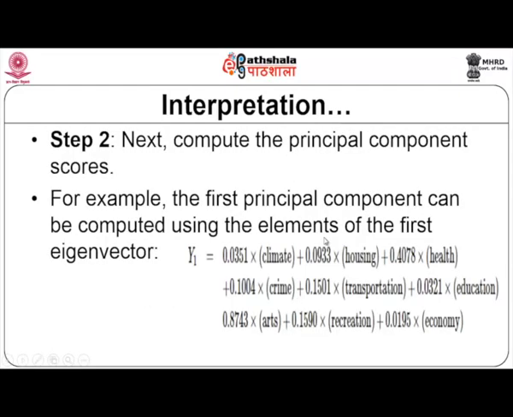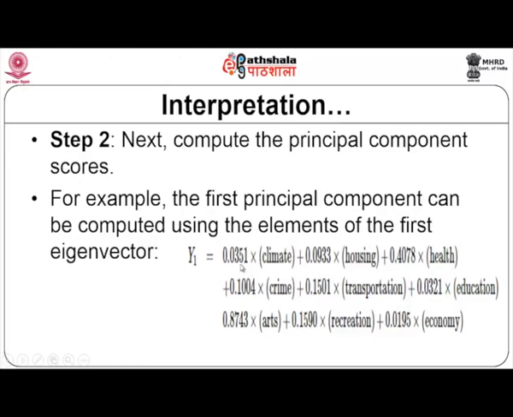Secondly, you need to compute the principal component scores. For computing the principal component score, once you run any algorithm that may calculate the principal components, you can now identify the first principal component y1, indicating to what extent the 9 attributes that we discussed earlier may contribute towards the understanding of the data set.